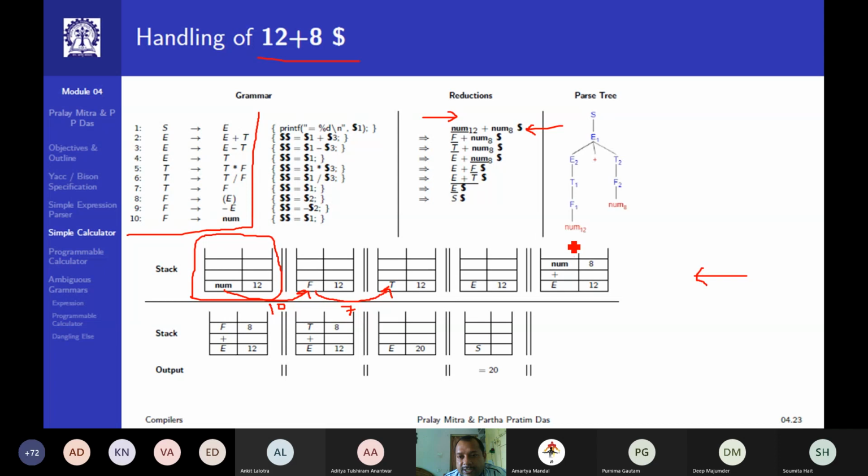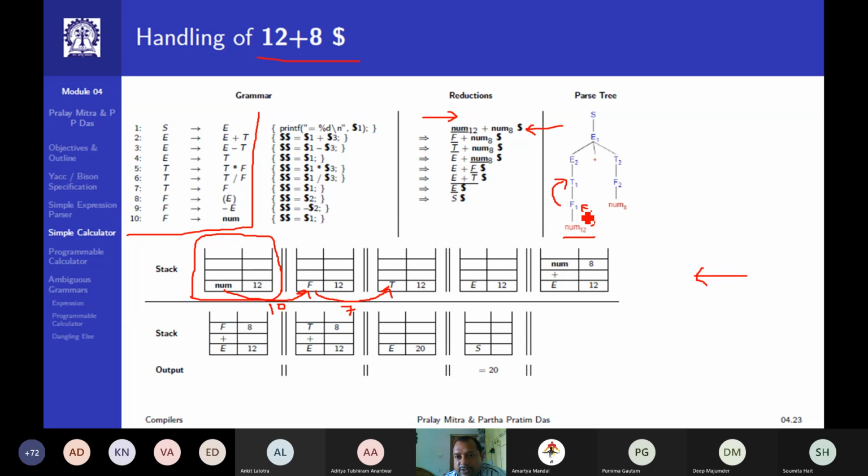If I look at the parse tree, from num12 I am reducing to F, then F is reducing to T. So please note it down, as I mentioned during the parser, that the subscript doesn't mean that it is a different non-terminal. Subscript indicates a different state of a non-terminal. So when I say T1 and T2, both indicate the term non-terminal, or T non-terminal, but T1 indicates one state, T2 indicates another state.